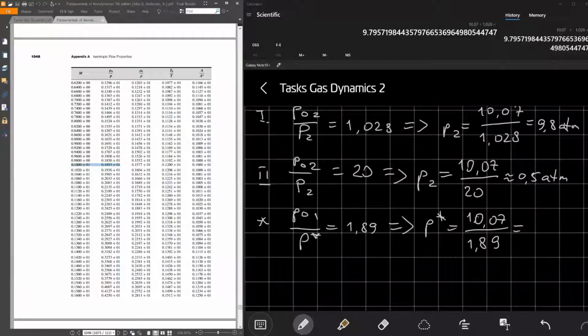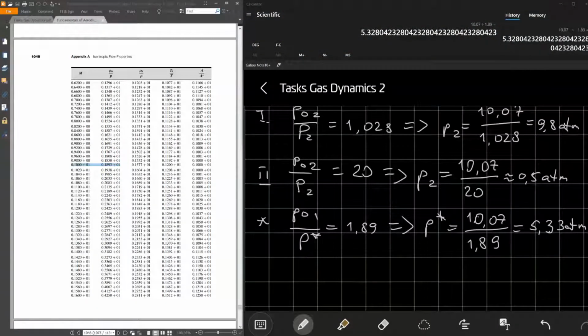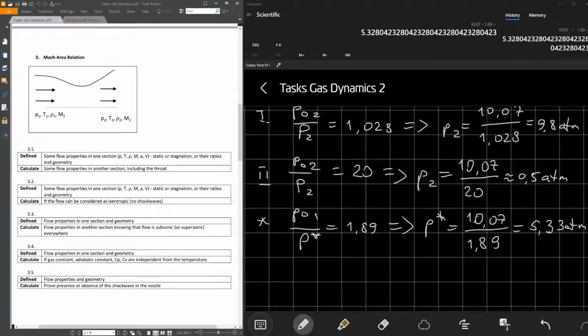And okay, approximately 5, but we can calculate more precisely. Then 10.07 divided by 1.89, 5.33. The same way we are calculating density or temperature. We assume that in such a kind of nozzle, when the flow is isentropic, no matter if it's subsonic or supersonic, the flow is going according to the isentropic relations and we can use isentropic laws to calculate any thermodynamic properties or velocities or Mach number.